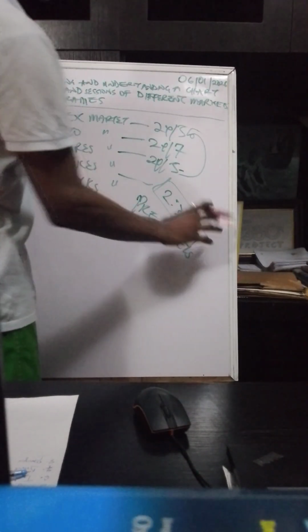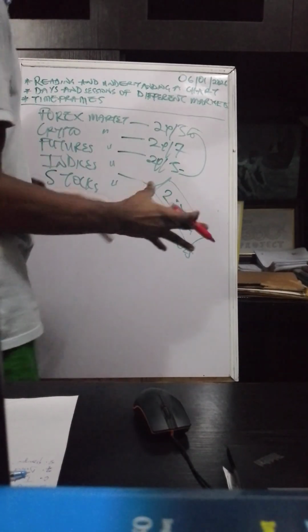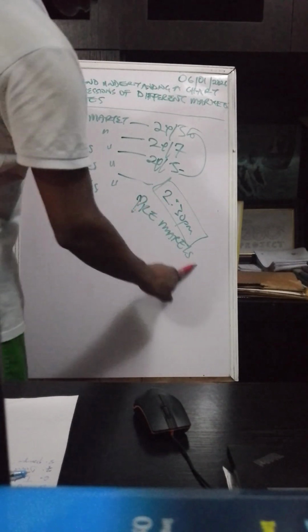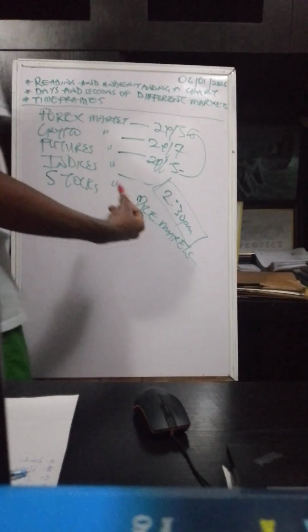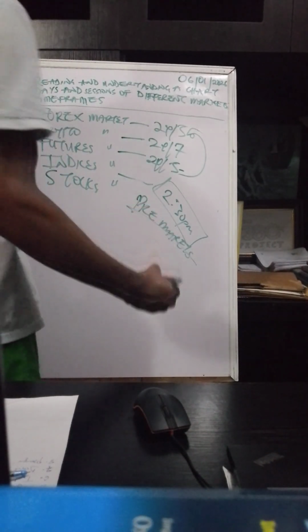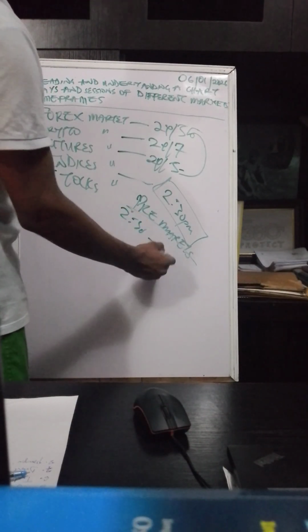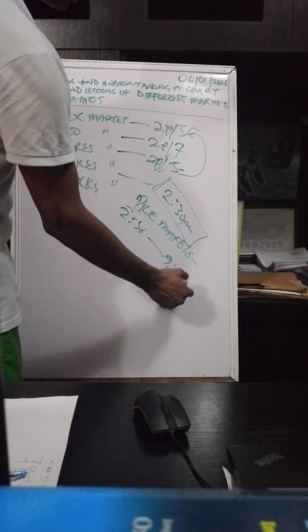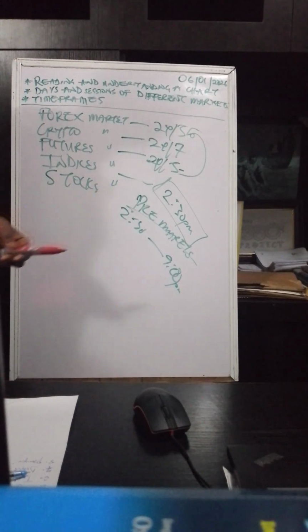I'll explain why these session times matter. We're talking about the days now, and we'll soon go into the sessions. Pre-market is anytime before this. Stocks open for real price action in the real market at 2:30, and then close at 9 p.m. every single day, 5 days a week. You will understand the significance of pre-market soon.